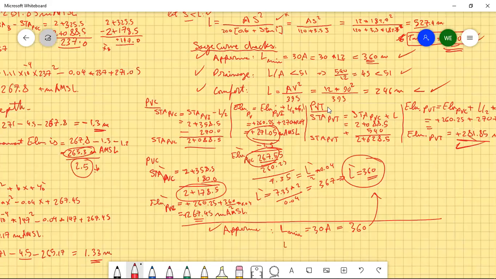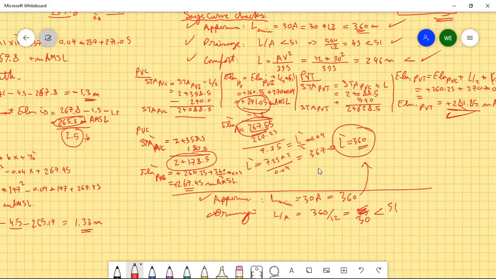L for the drainage, L over A. So that's 540 divided by A, which is 12. This is going to be 45. It's less than 360. This is going to be 30. This is less than 51. So for the drainage, it's acceptable.